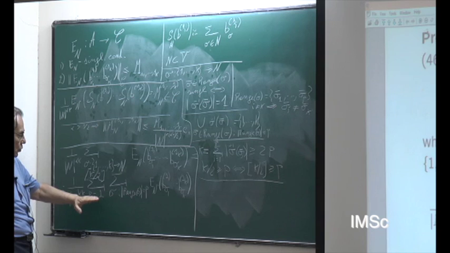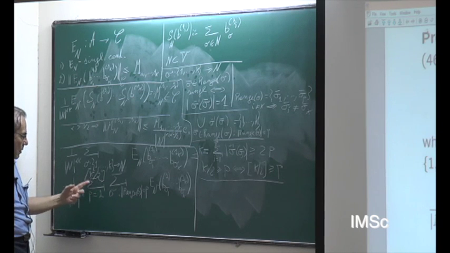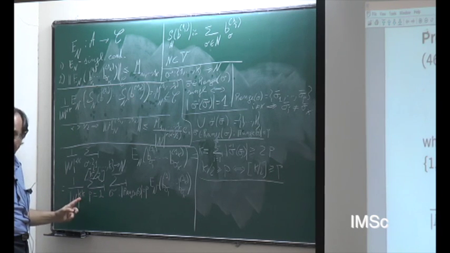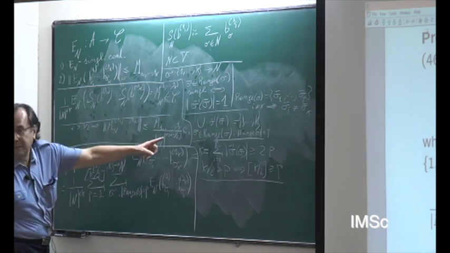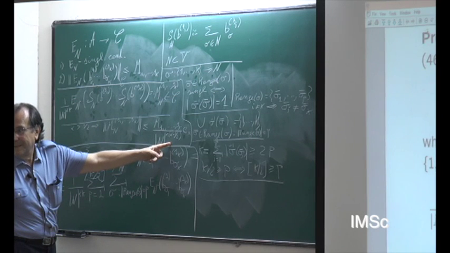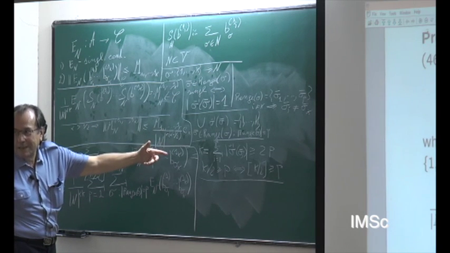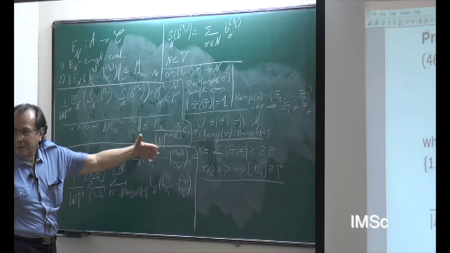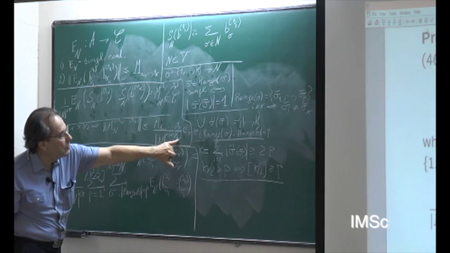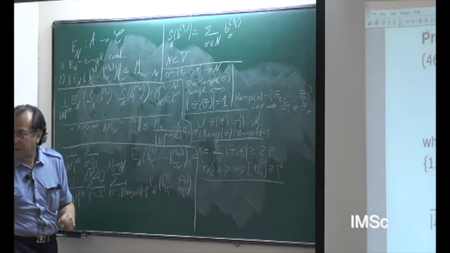So what is my goal now? I want to show that if alpha is strictly greater than 1/2, we will have this estimate. In fact, we will have this estimate, okay? And for alpha greater than 1/2, this will go to 0, okay?